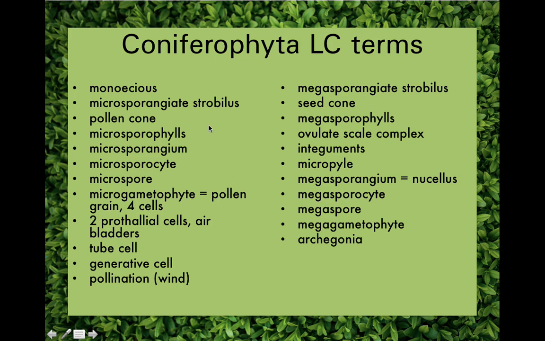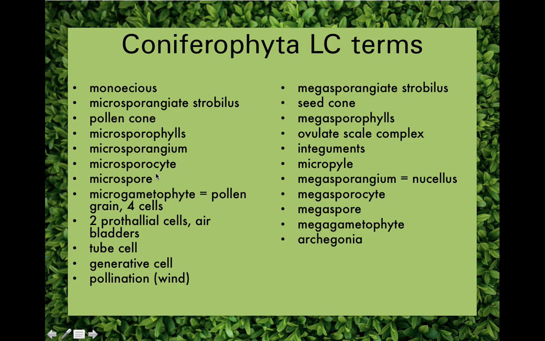Okay, so a pollen cone, for example, is made up of microsporophylls or microspore-producing leaves. The microsporophylls have the microspore containers that are microsporangia, and within those we've got the microsporocytes.